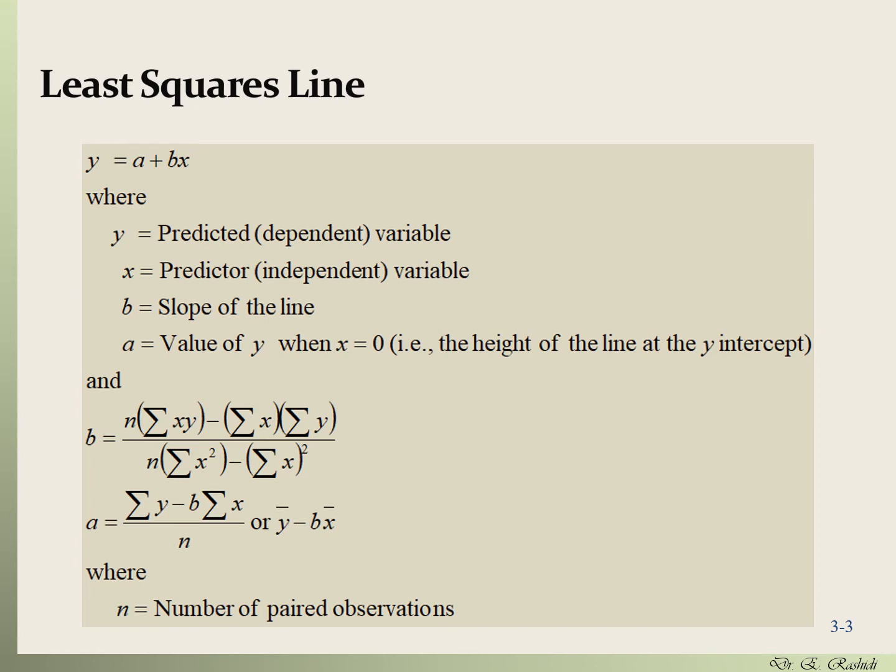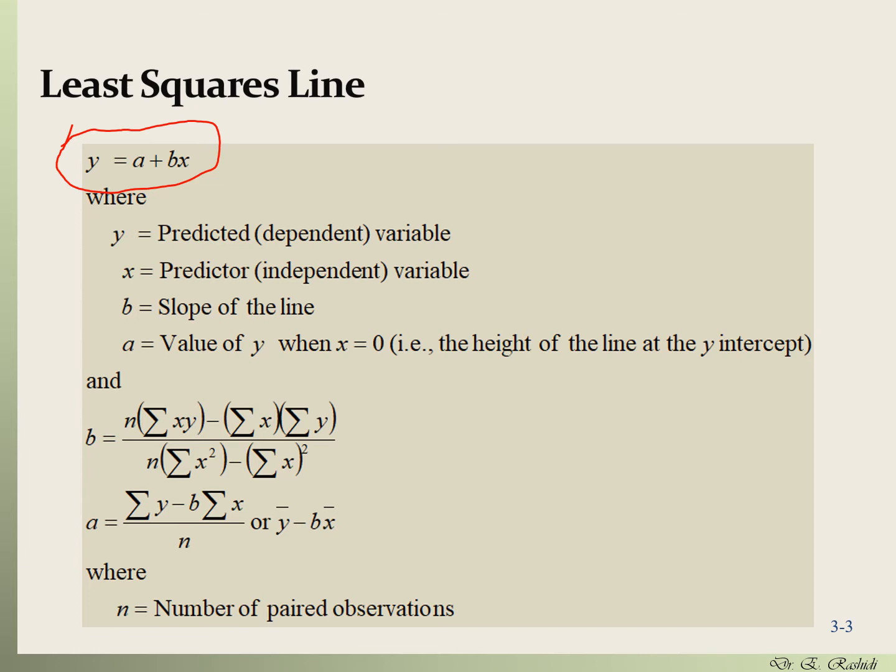If you do that using the least squares method, minimizing the estimation error for your forecast, you're going to get this formula: Y is equal to A, the intercept, plus B, the slope, multiplied by X, the independent variable. In this equation, Y is the predicted or the dependent variable, the variable you want to make a prediction for.